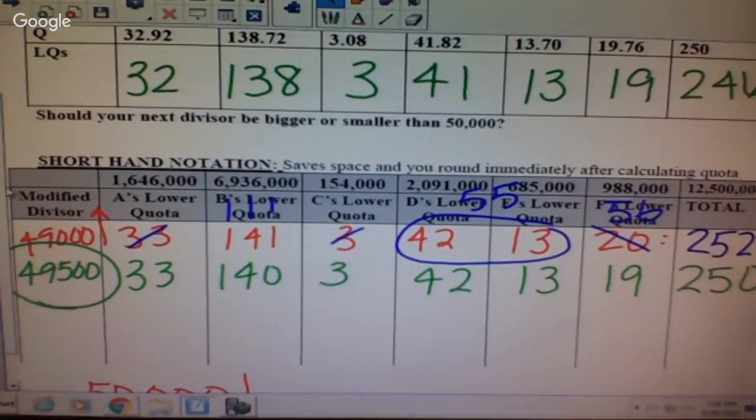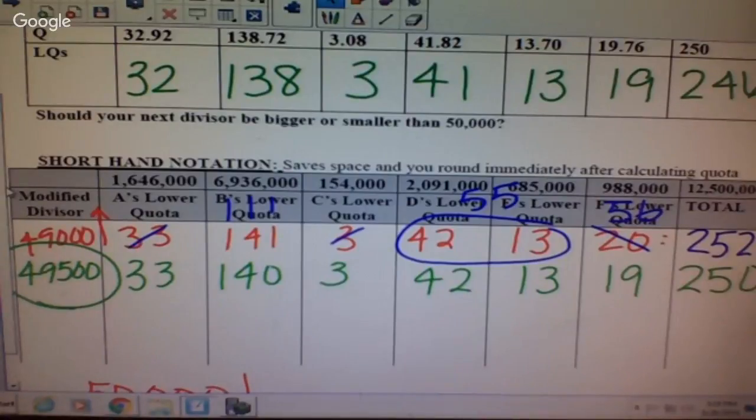So take a look at state A. State A had 32.92, which means their lower quota was 32. Their upper quota would be 33. Is this okay? Yes. Look at this one.